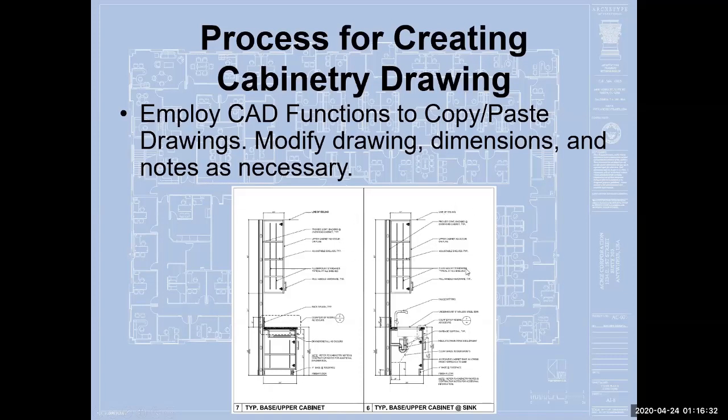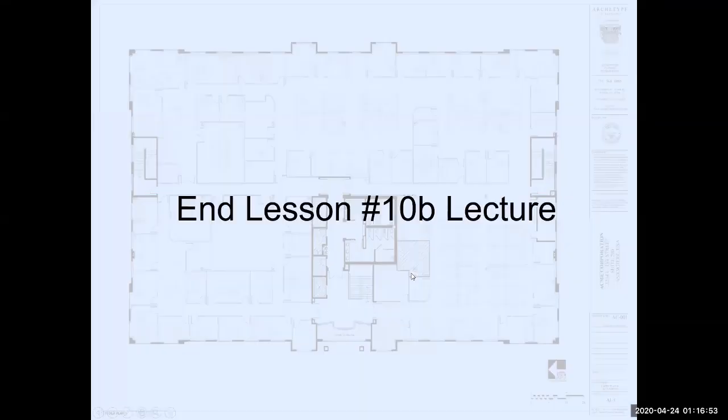Most of the noting is very similar. You just copy the note over and edit it, and you can get this detail done very quickly as compared to the first one, which took a little time. That's why we wanted to do last week's detail, because we wanted to get into some other details by modifying the information. Okay, so that's what I have for tonight.